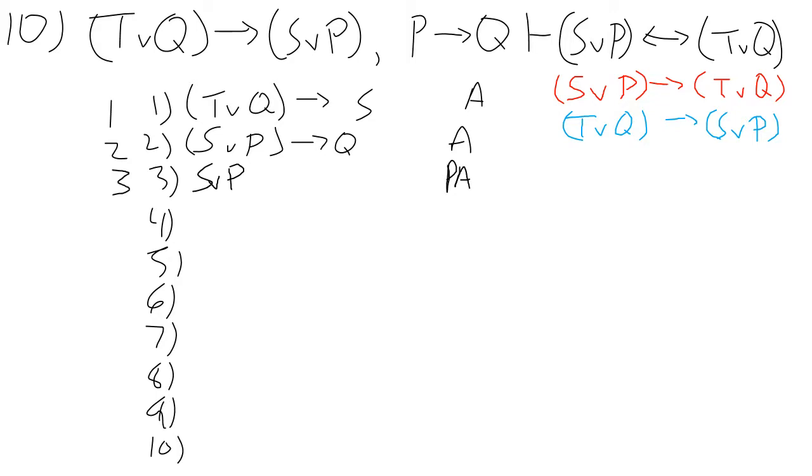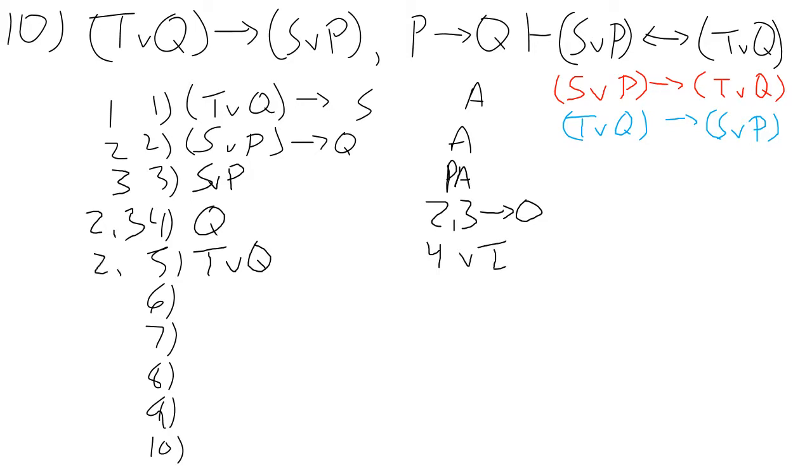And if we do, we can toss that into our second line to get Q from 2 and 3, arrow out. Then we just need to wedge in our T from 4.